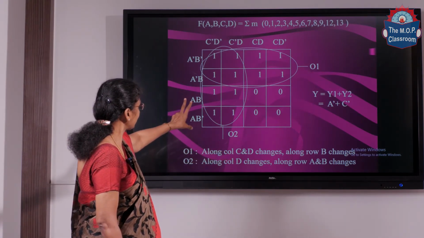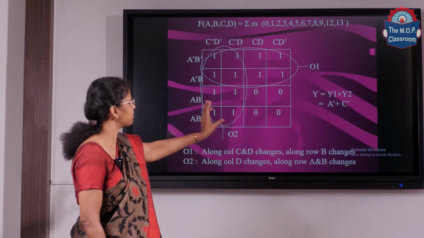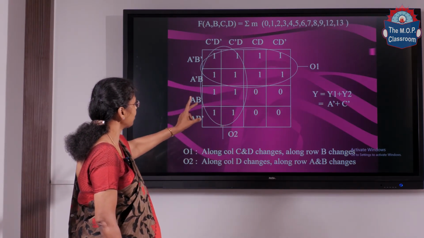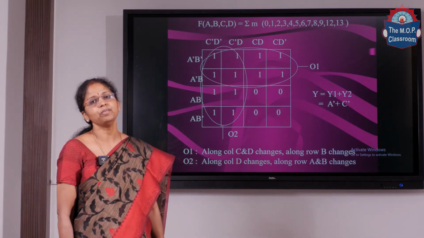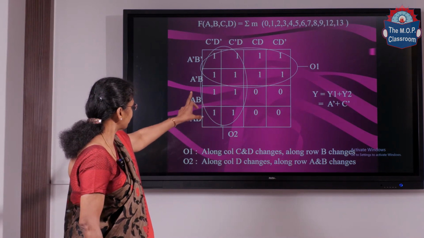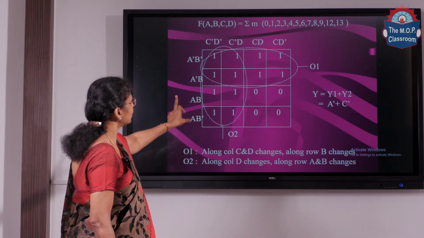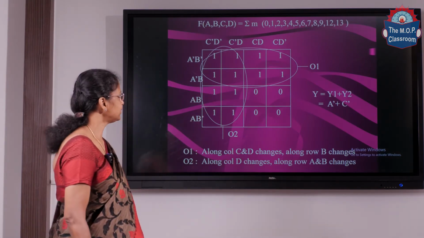Along these columns, C does not change, so C remains as C prime, and D changes, so we can drop D. Along the rows, A and B change, so we can drop A and B. So, the final expression for octet 1 is C prime.